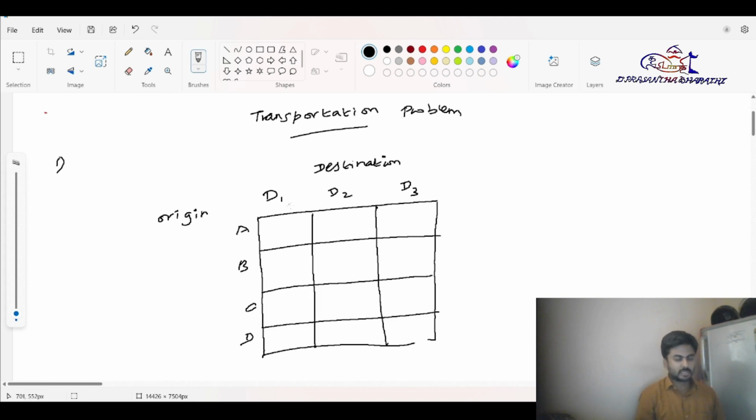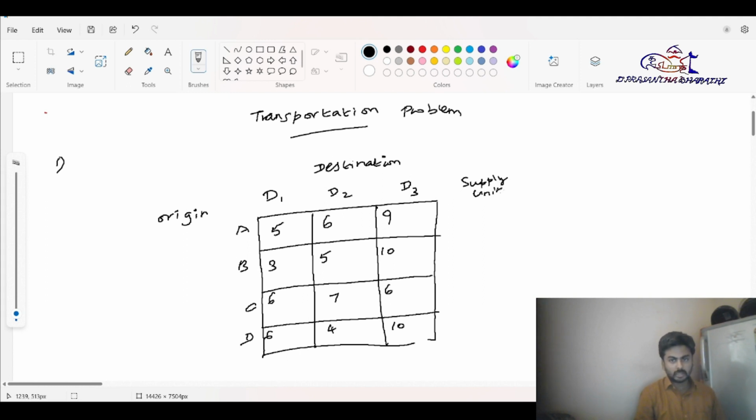See, the first row is 5, 6, 9, then 3, 5, 10, after that 6, 7, 6, after that you are having 6, 4 and 10.